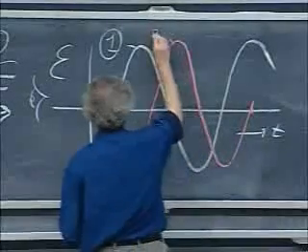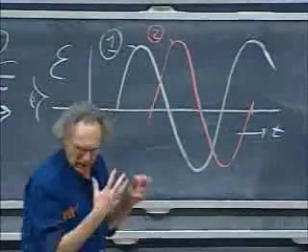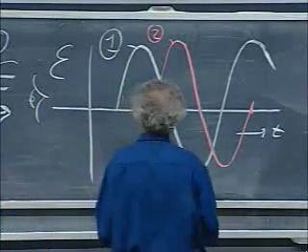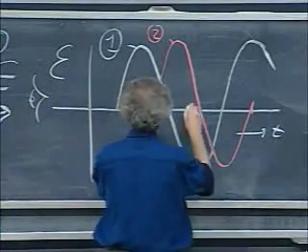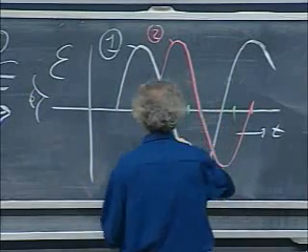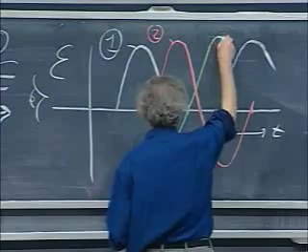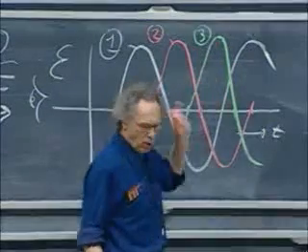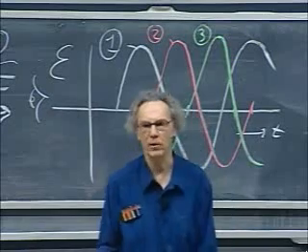So this is loop number 2. It comes a little later in time. And number 3 will again be offset, and will look like this. Number 3. And we call this a 3-phase current.